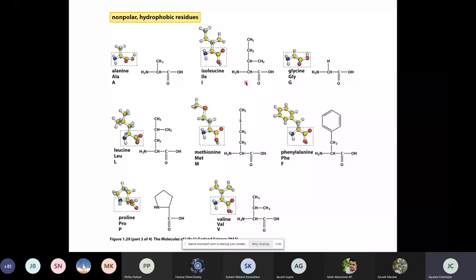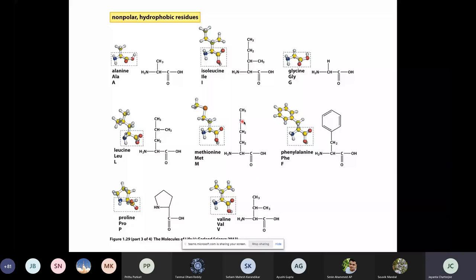Now, as we were talking about, there is another amino acid which is valine, which is beta branched. Now there are other amino acids which are unbranched. For example, methionine is a very interesting amino acid because there is a sulfur in its side chain.